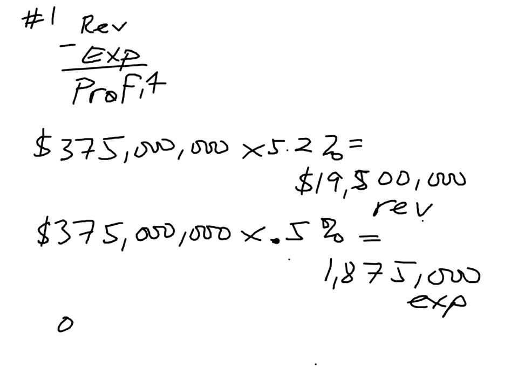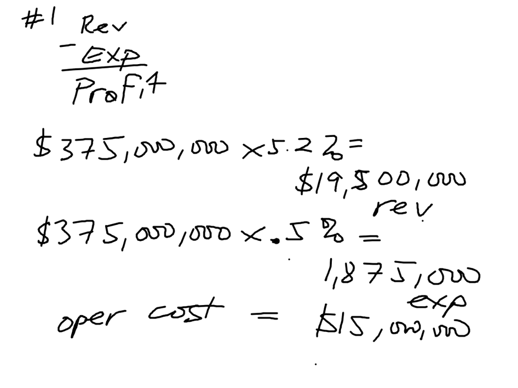And then we have operating costs, and those were given to us. We have the cost for using the ATM, visiting the branch, processing transactions, and managing functions. And the fact pattern tells us that those costs were $15 million. And that's an expense as well.